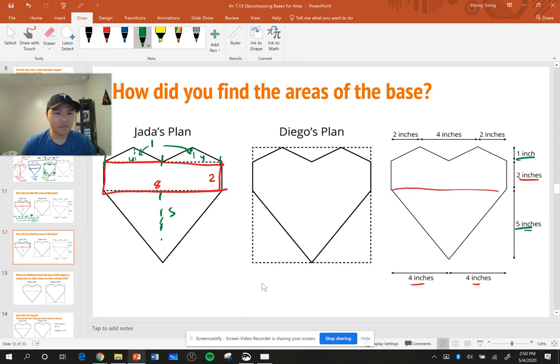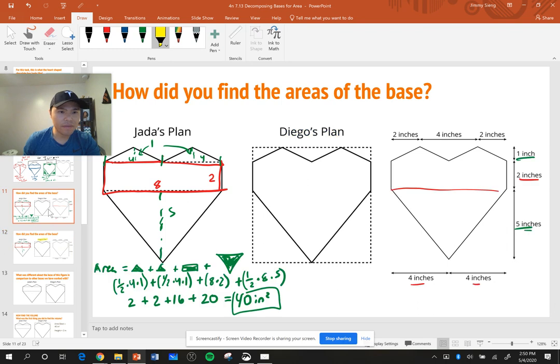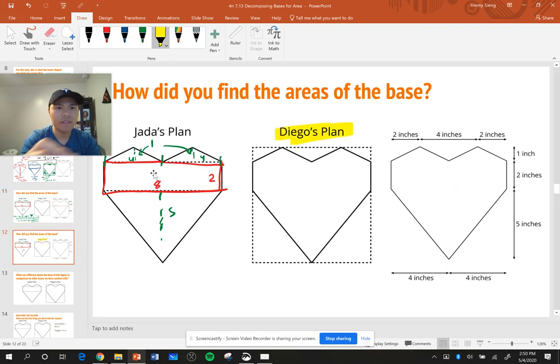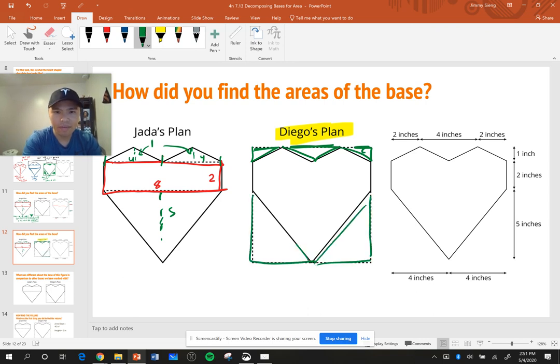So if I was trying to do Diego's, so now I want to do Diego right here. Okay. So we found that the area was 40, but let's go ahead and try doing Diego's. So again, Diego's is he wants to find the area of these outside triangles and then subtract it to the overall rectangle or the square.